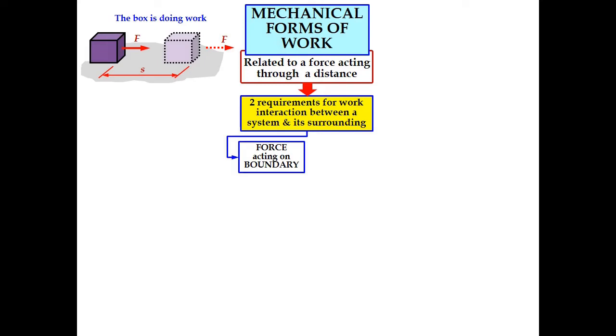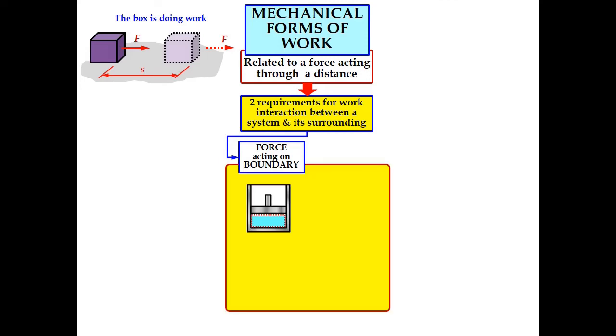First, the force must act on the boundary. Okay, force acting on boundary. For example, we have a piston cylinder device as shown in the schematic diagram. We have the red dash line representing the boundary, and we apply force to the piston, and the substance inside the cylinder expands.